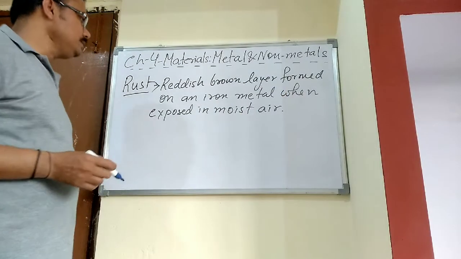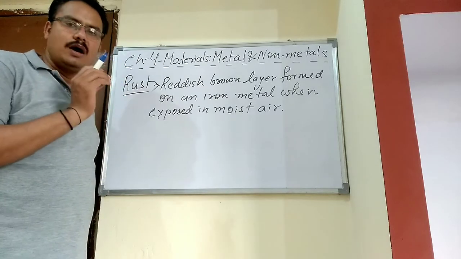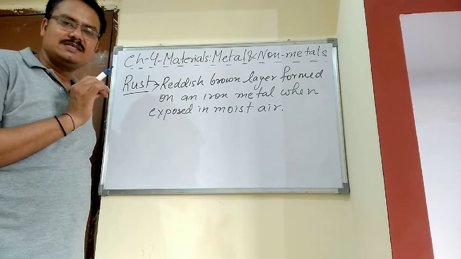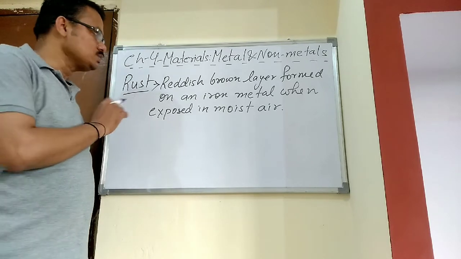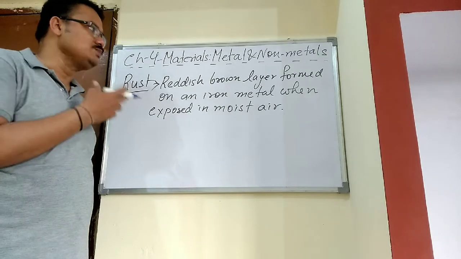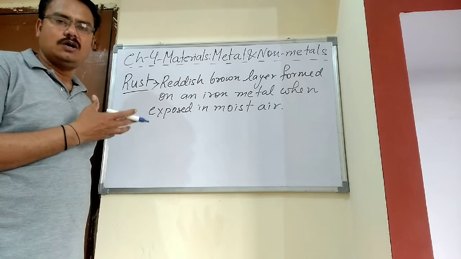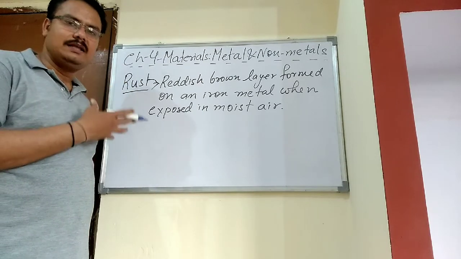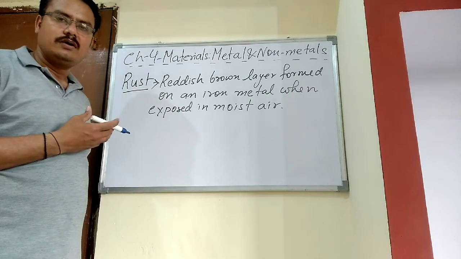So dear students, what is rust? That reddish brown powdery substance that appears on the surface of an iron object is called rust. The reddish brown layer is a hydrated oxide of the iron metal, and the process is called rusting.